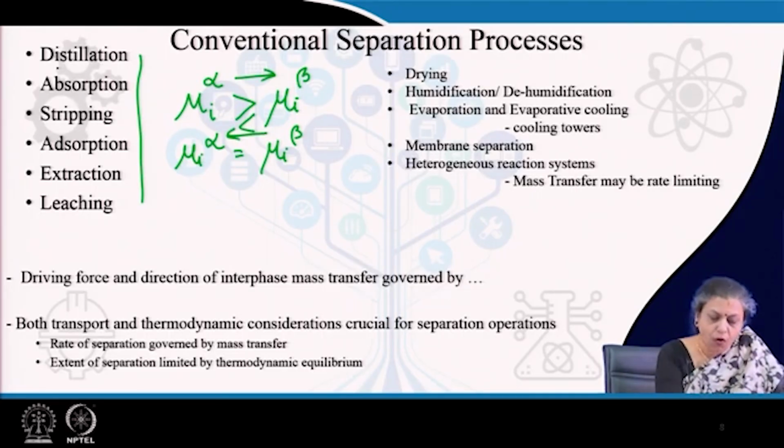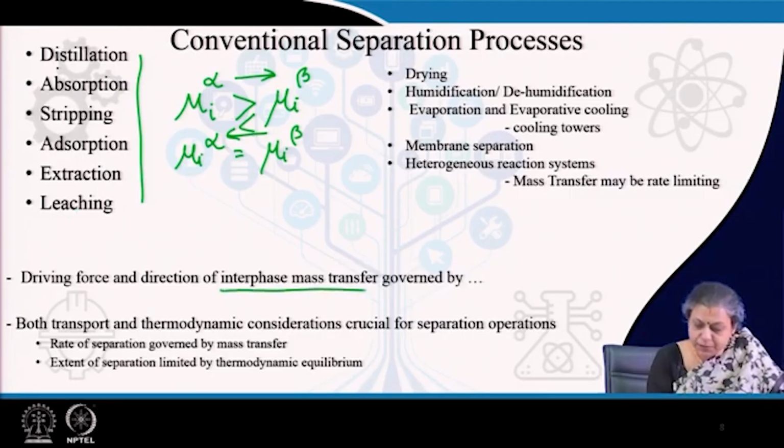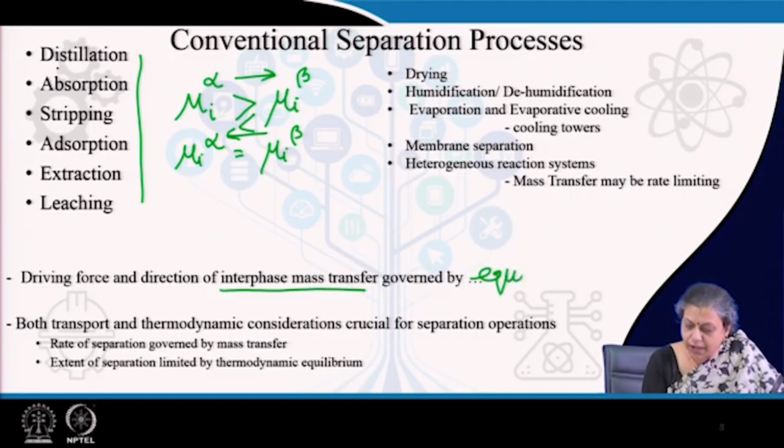So, therefore, in all the processes that I have discussed, we find that they are governed by interphase mass transfer, and this particular interphase mass transfer is governed by equilibrium considerations.